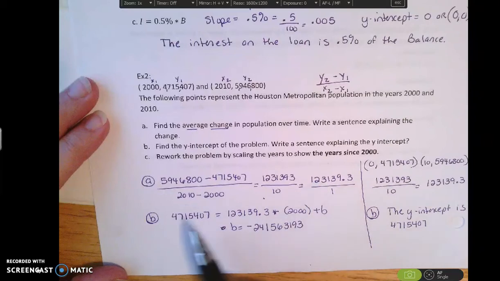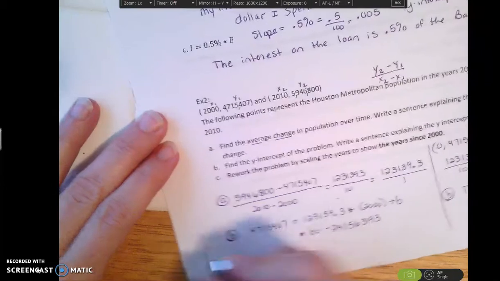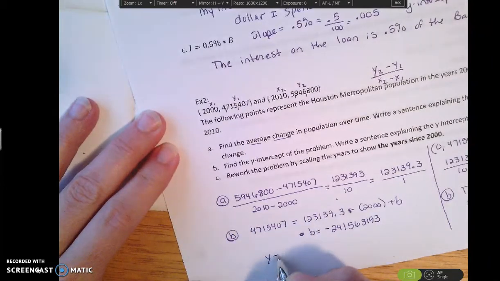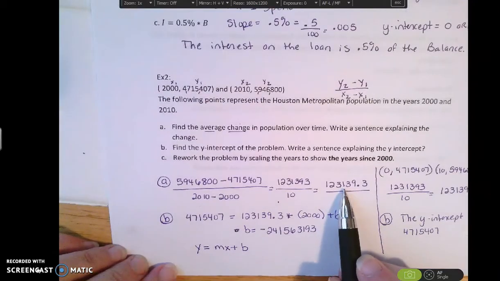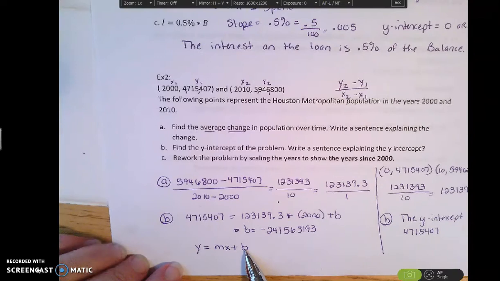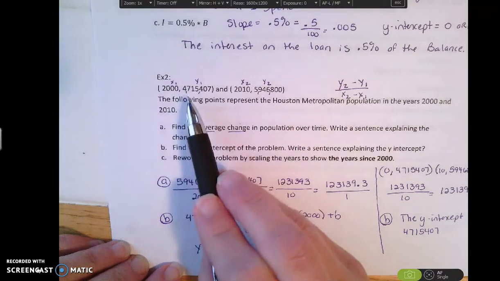Okay, then it says find the y-intercept. To find the y-intercept, we have to take the equation y equals mx plus b. This is our m value because we just got our slope. Our b is our starting value.